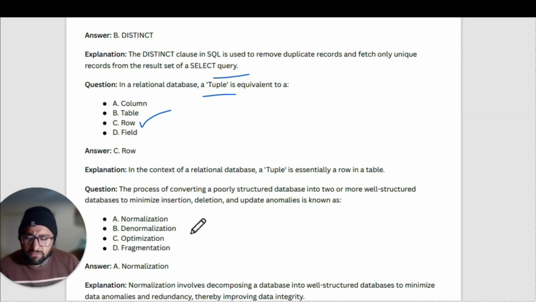All these, first normal form, second normal form, third normal form, are done to achieve these characteristics of data. If you want more well-structured data, to minimize insertion, deletion, and update anomalies, we do normalization in the database management system.